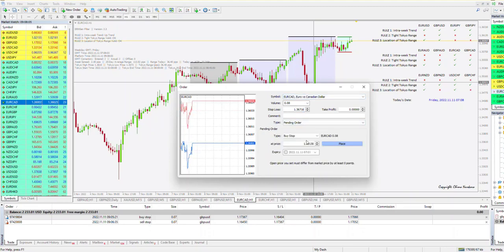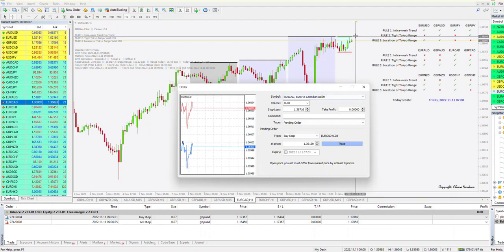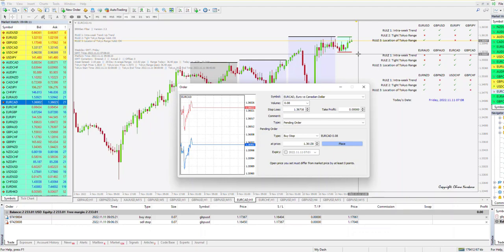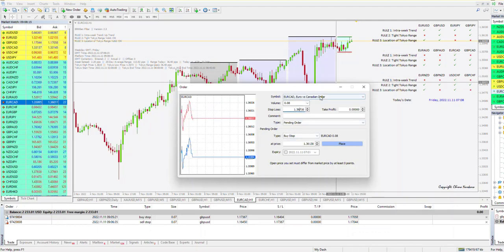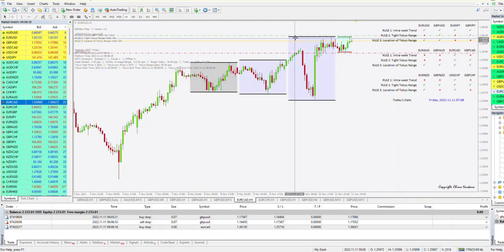Oops, I put the wrong number there. 1.3613, 1.35. So that was where the error was. Boom. So that's my buy stop order placed.